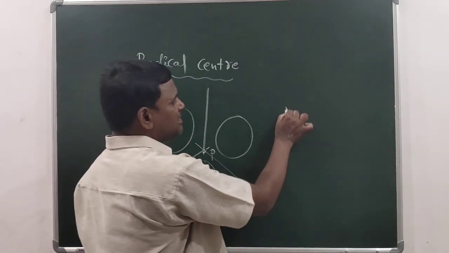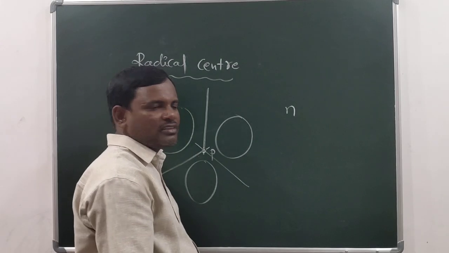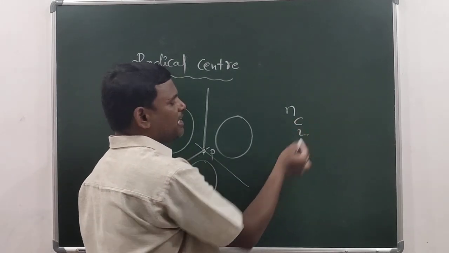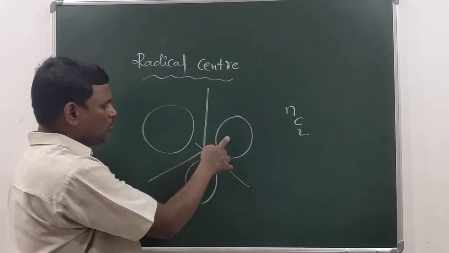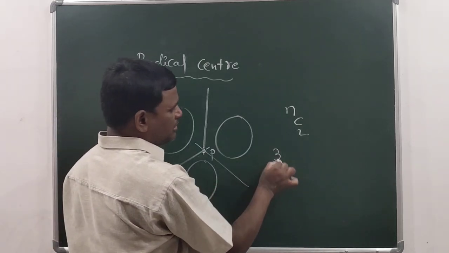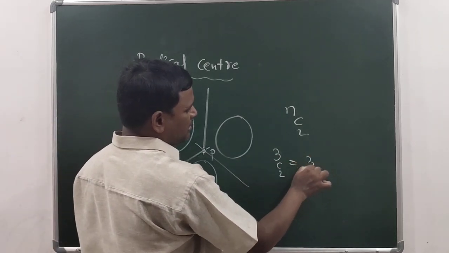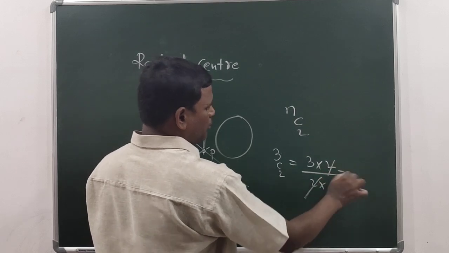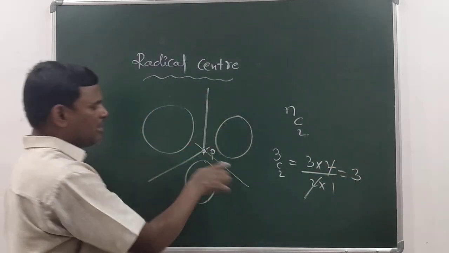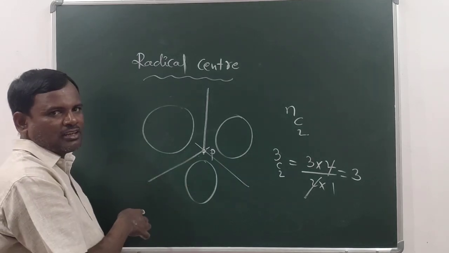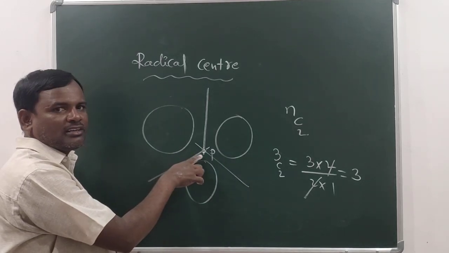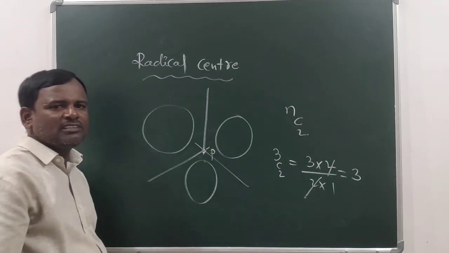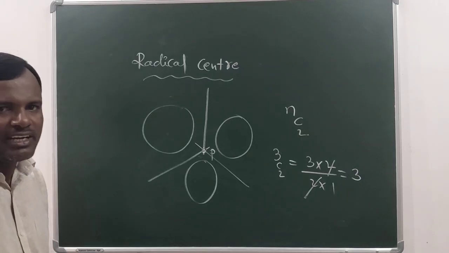If I take n circles, then the number of radical axes will be nC2. Here I took 3, so 3C2. Now simplify this: 3 into 2 by 2 into 1. 2 cancels, I got 3 radical axes which met at one point. That meeting point is known as the radical center.